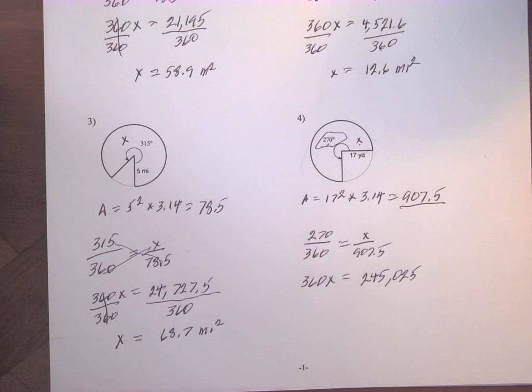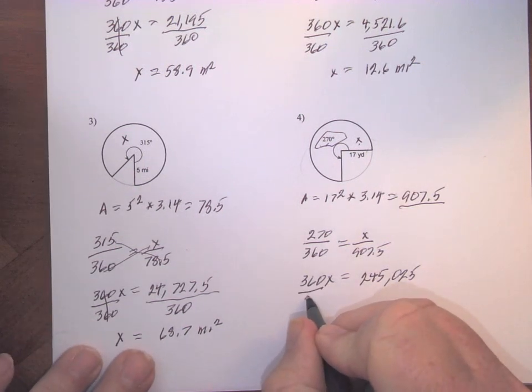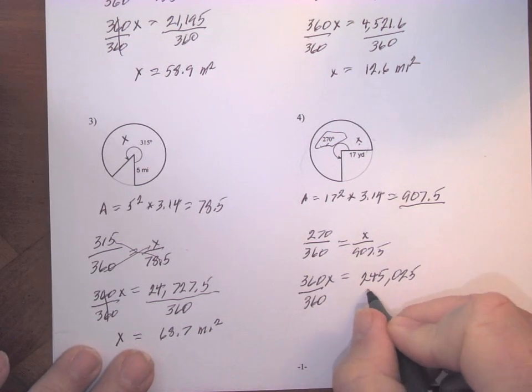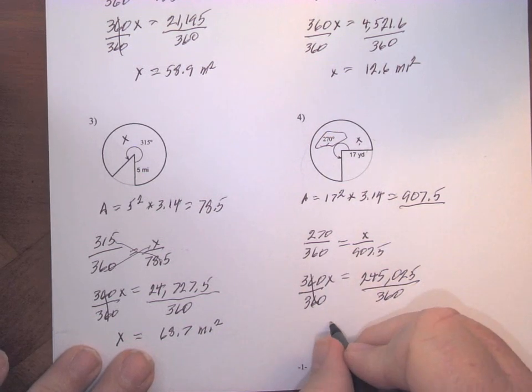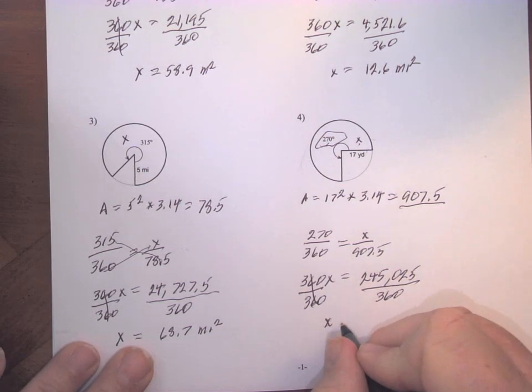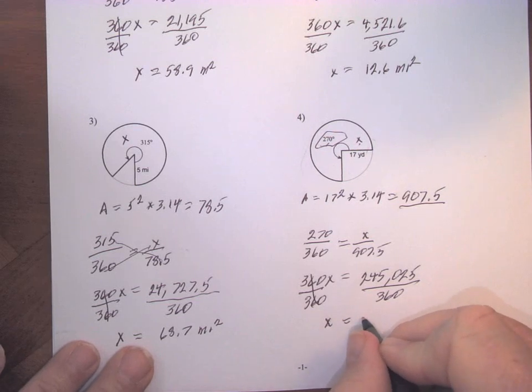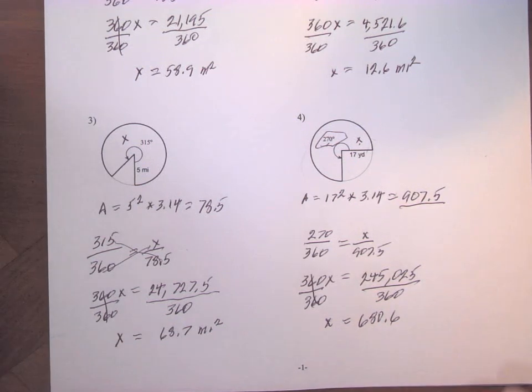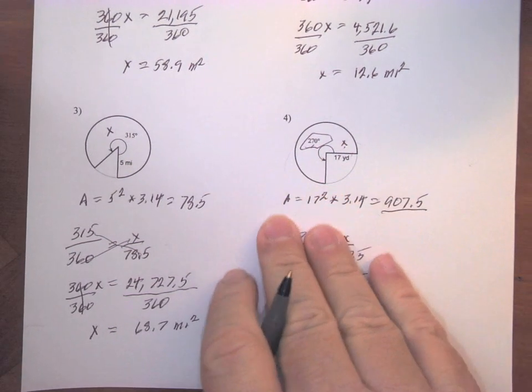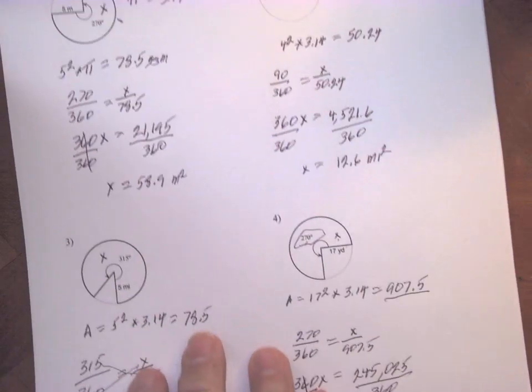And if we divide that by 360, we get 680.6. Okay, we divide 360 here, divide by 360 here. Those go away, and we're left with x is equal to 680.6.